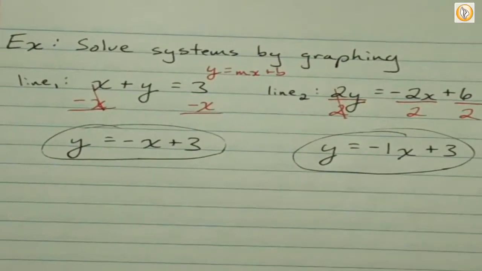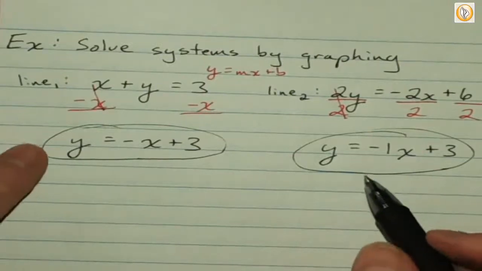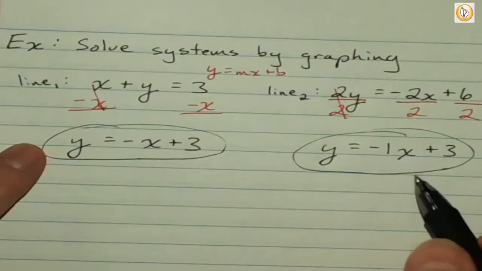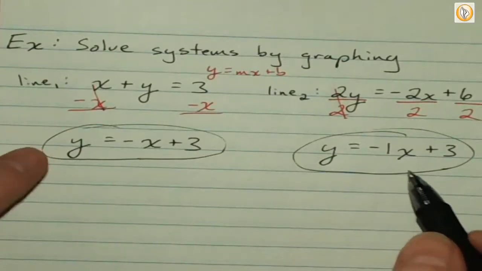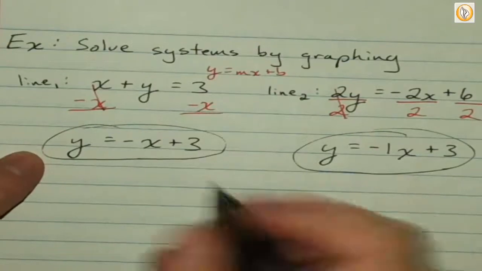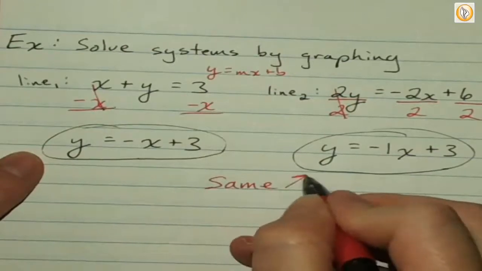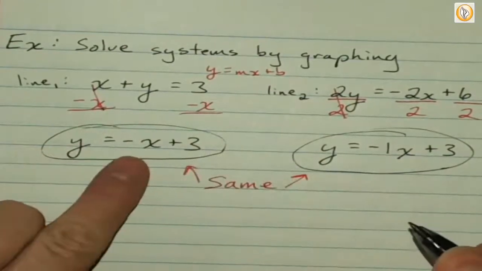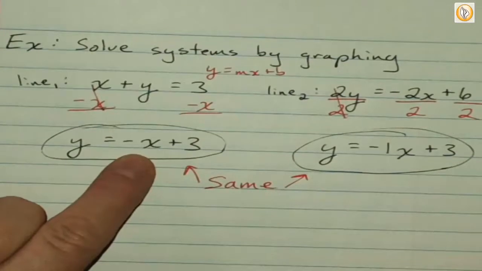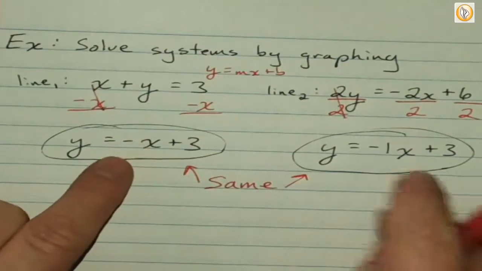Alright, I want y'all to look at these two. We saw them, right? Line 1, line 2. Raise your hand if you notice something about them. They're the same thing. Guys, look at these. They are the same. I mean, there's no 1 here, but we assume that's a 1, right? So, are they the same?